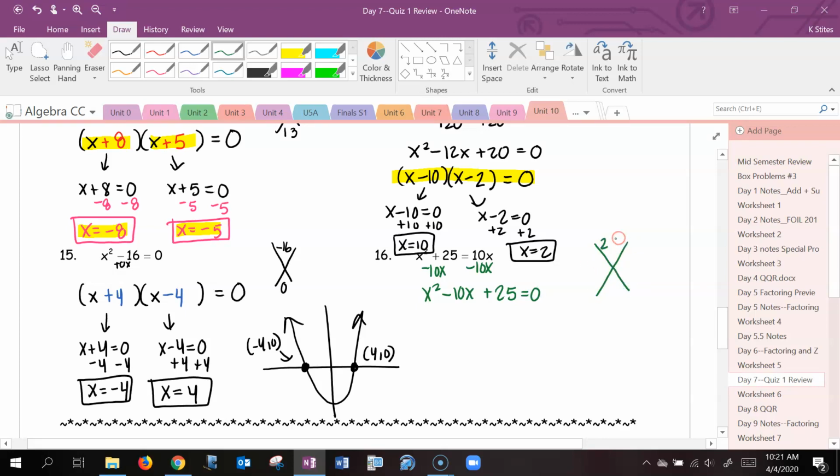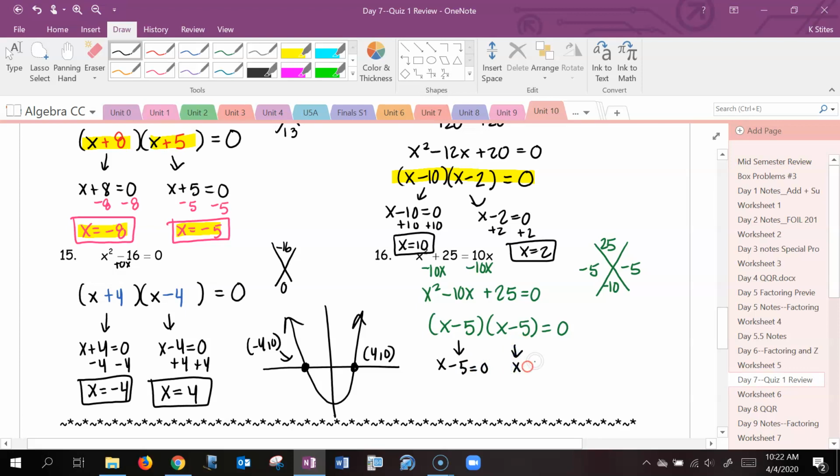Now we'll factor, multiplies to 25, and adds to negative 10, and that will be a negative 5 and a negative 5. Okay, x minus 5 equals 0. Now you may notice these are the exact same thing. So since they're the same, you don't have to set both of them equal to 0.